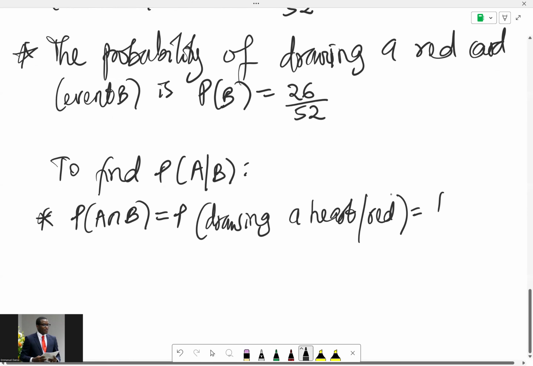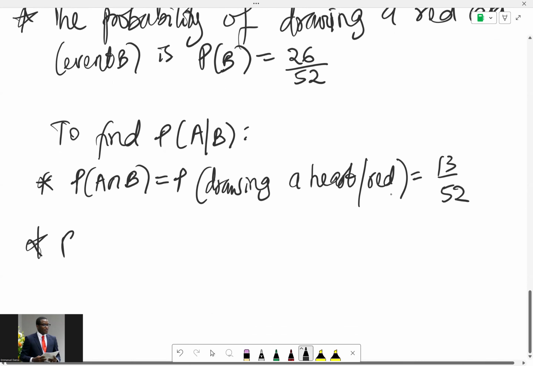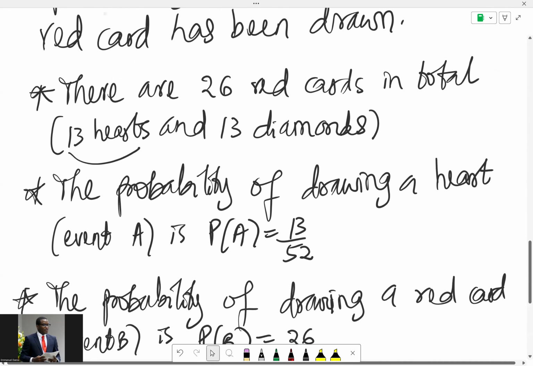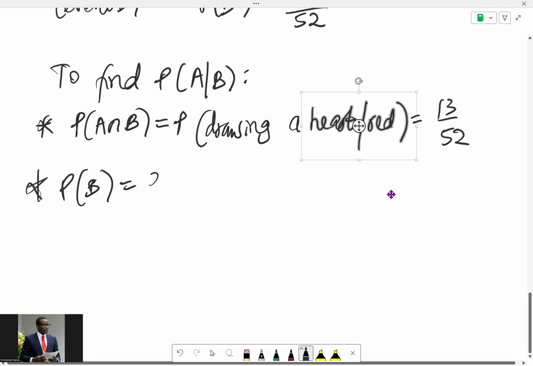That is equal to 13 over 52. Then the probability of B, drawing a red card altogether, is 26 over 52.